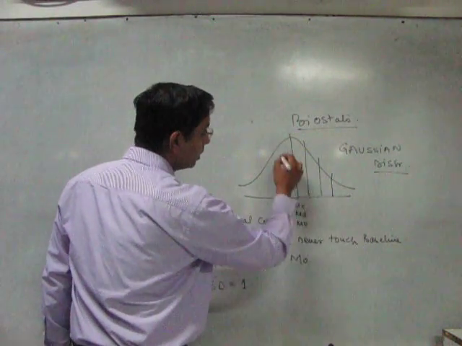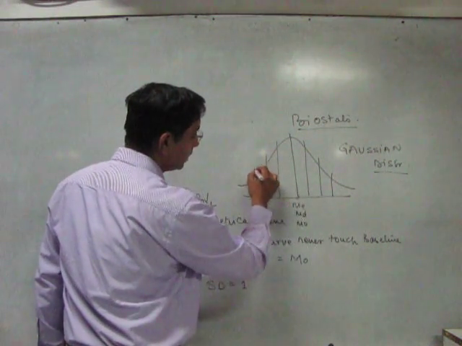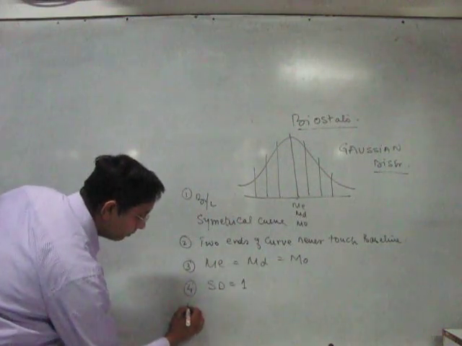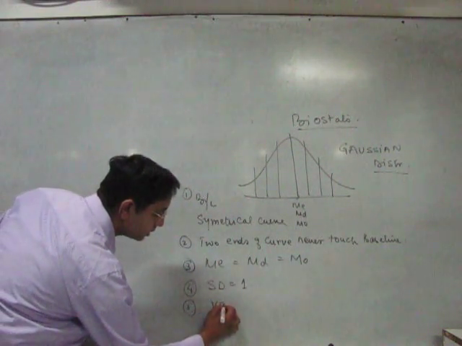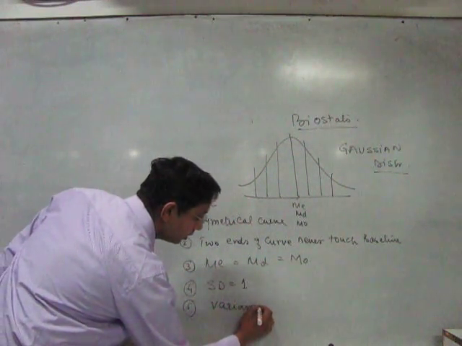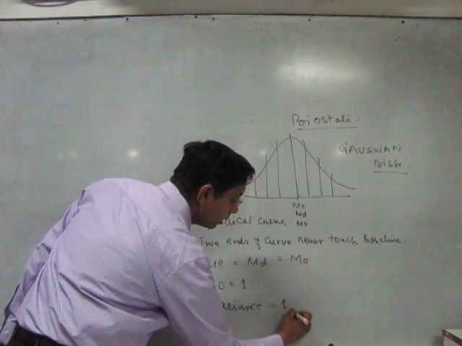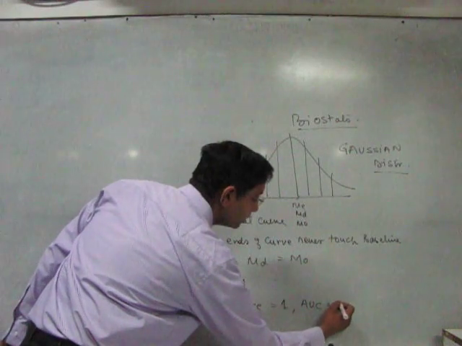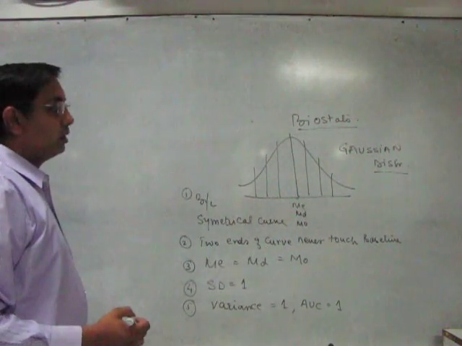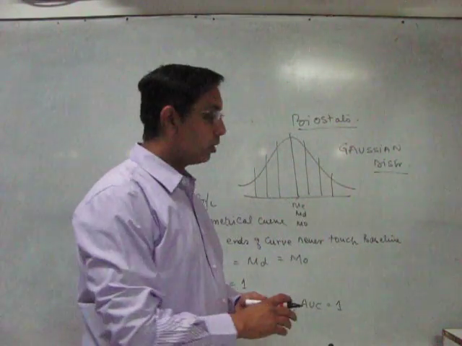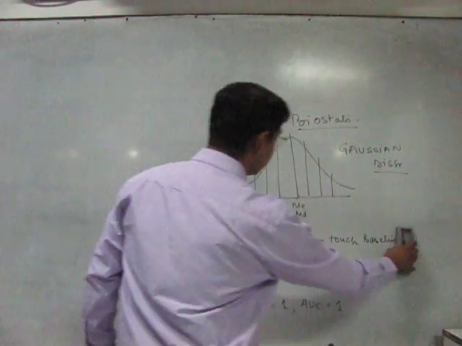So we'll just look at in a couple of minutes what does it actually mean. Fifth point is that the variance, which is given by the formula sigma square, is also equal to 1, and the area under curve is equal to 1. So these are your basic points about the normal distribution or the Gaussian distribution.